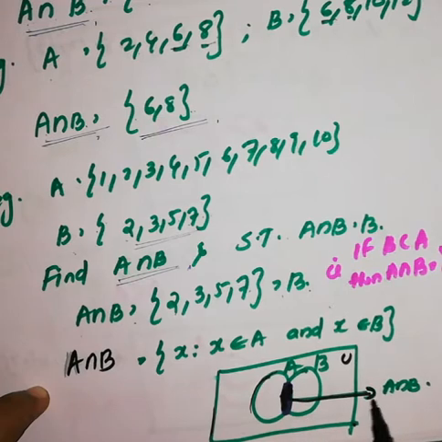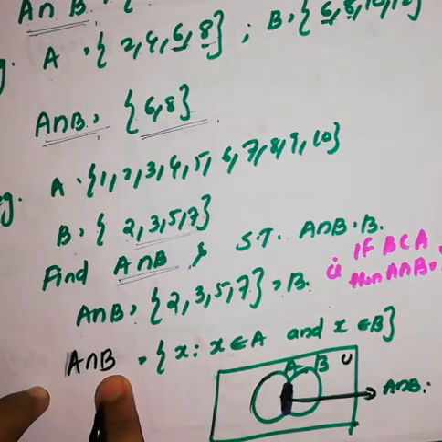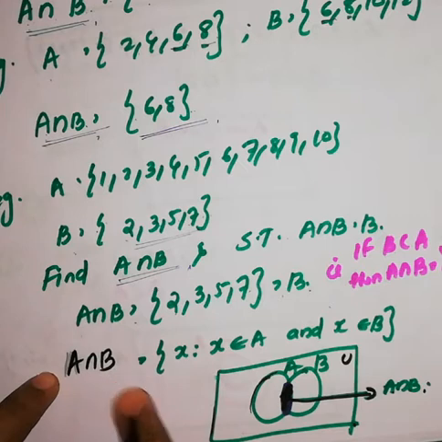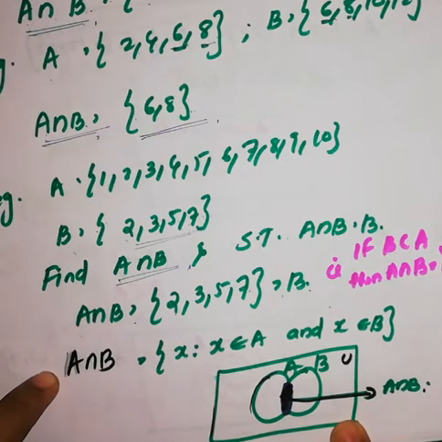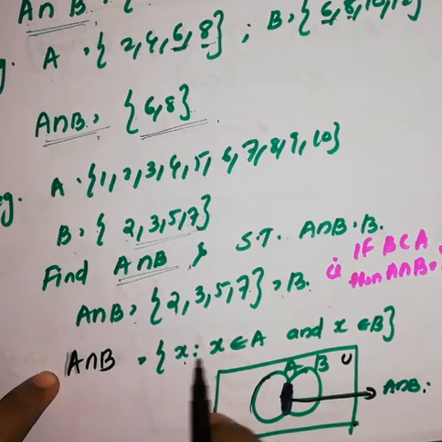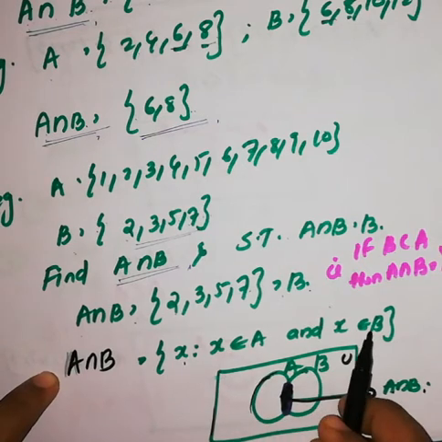So this is A intersection B. Clear? So A intersection B is a set which consists of the common elements of both A and B. That is, all elements X such that X belongs to A and X belongs to B.